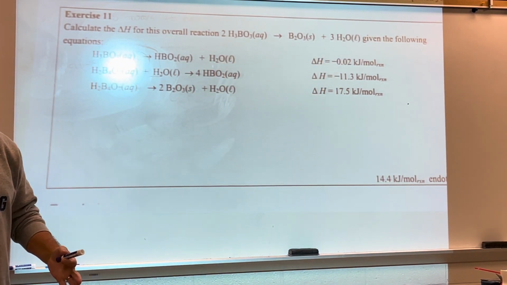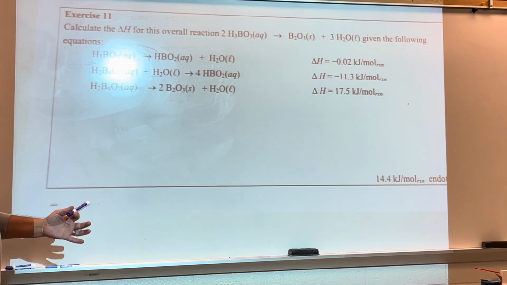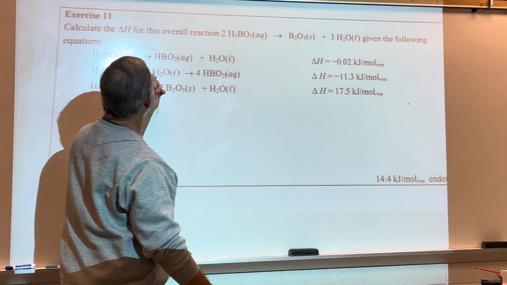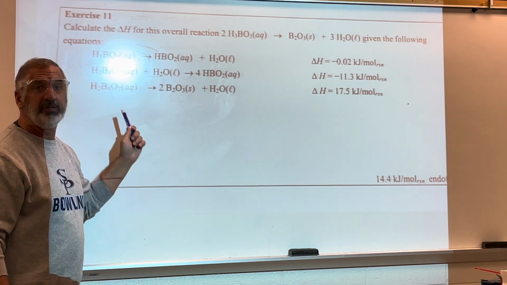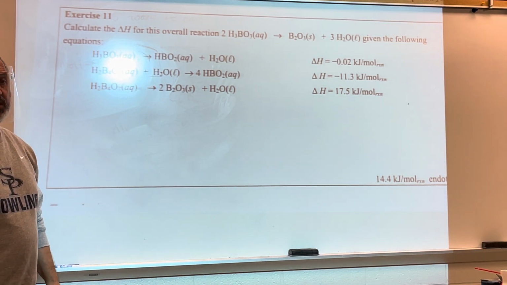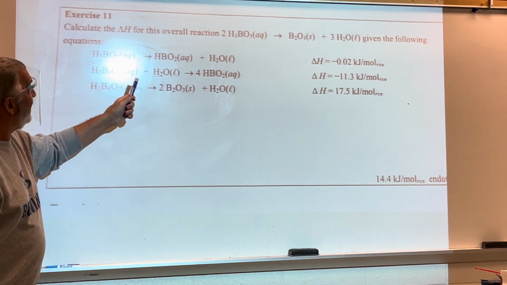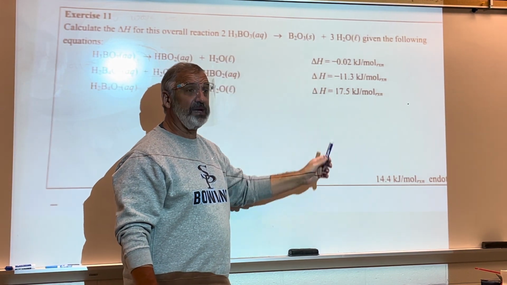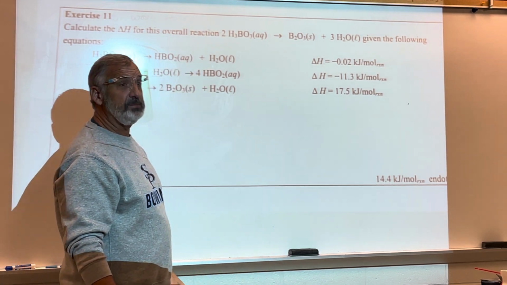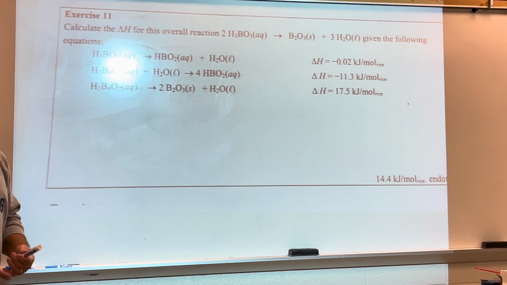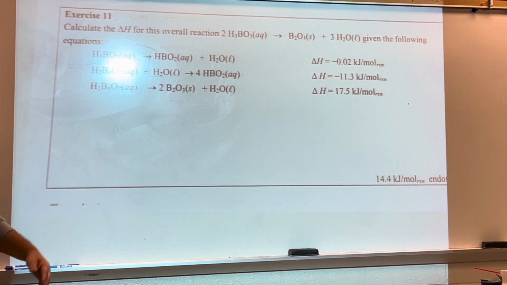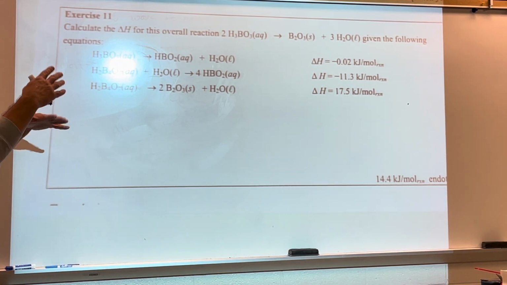But for some reason, we don't have the heats of formation, we don't have all the information, but we have these individual reactions. If we can make these three add up to that one, then the heats are going to add up to that one. Now we can reverse the equation, we can multiply the equation, and we can put them in any order and add them.